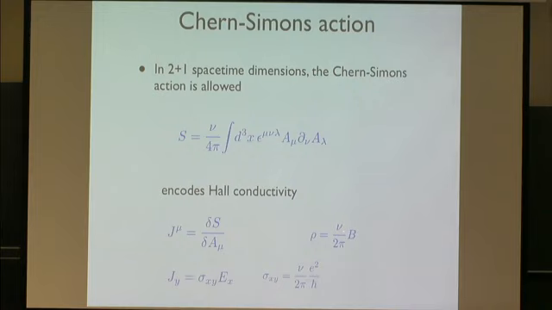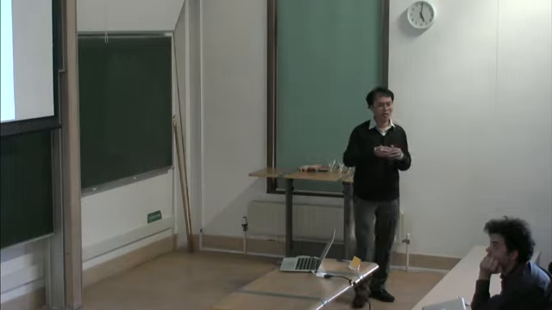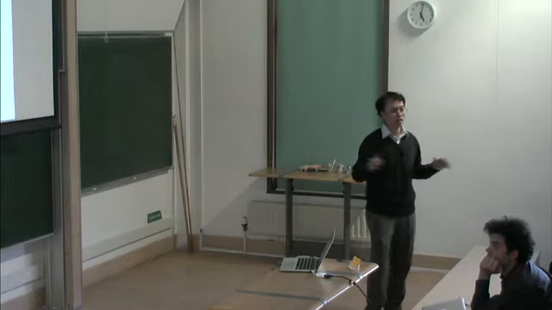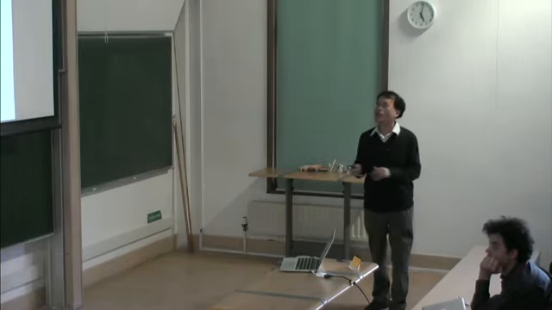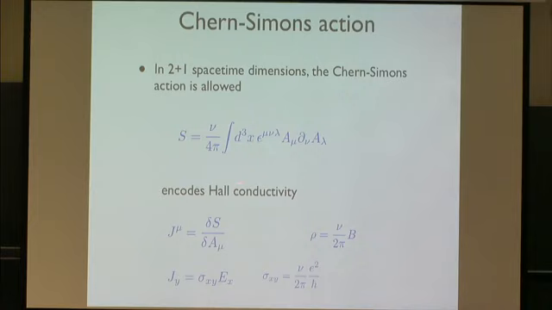That is the ratio of the density, the number of electrons, over the degeneracy factor of the Landau level. And if we take mu to be a spatial index, then we would have sigma xy equal to nu times the quantum of conductivity.